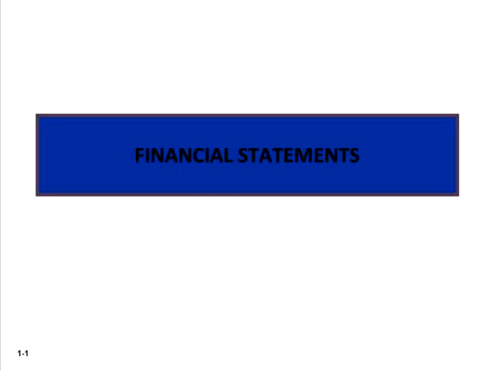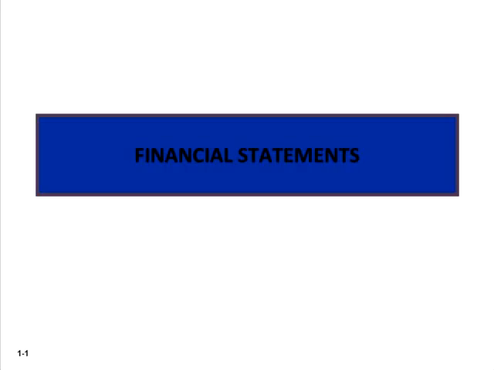The final topic for this chapter is financial statements. So what we said at the beginning when we were talking about accounting, we were talking about how the whole purpose of the accounting cycle is the preparation of financial statements that will be used by specific users in making decisions about the company.